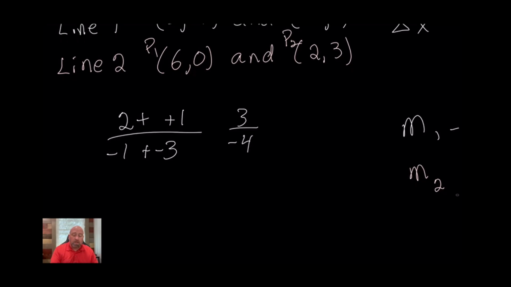Point 2 is going to be our y2, which is 3, minus our point 1, the y point, which is 0, over our x2, which is 2, minus 6. And that's going to equal 3 minus 0. I have 3 and I have to take away 0. It's 3. And then if I have 2 minus 3, then that gives me -4.